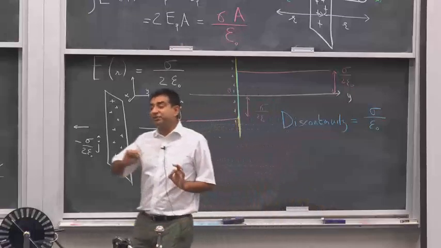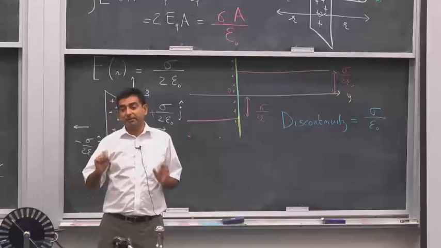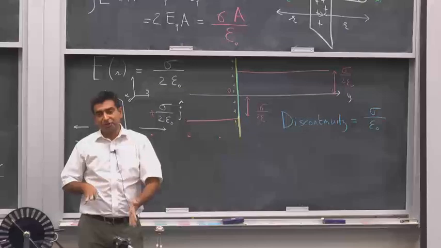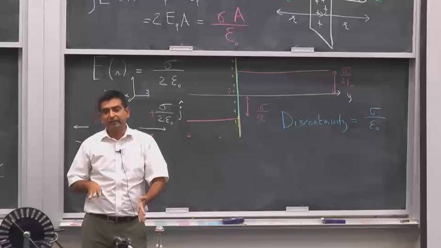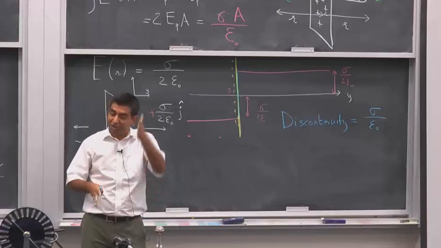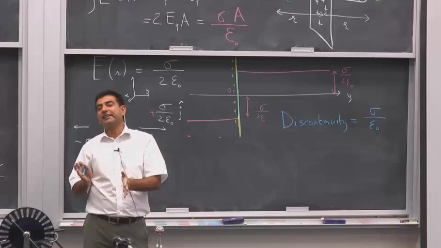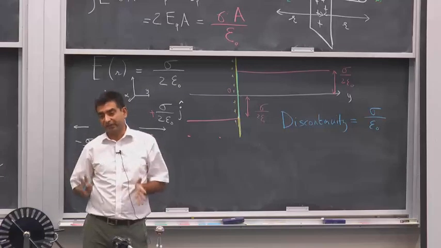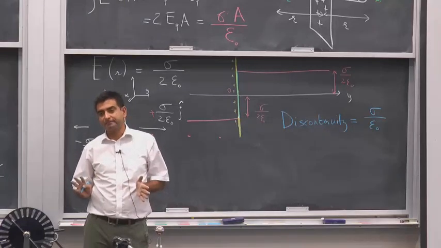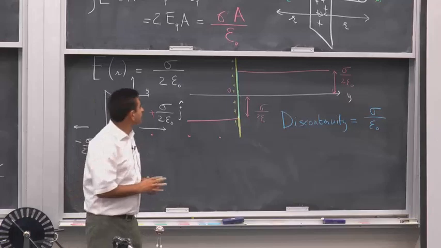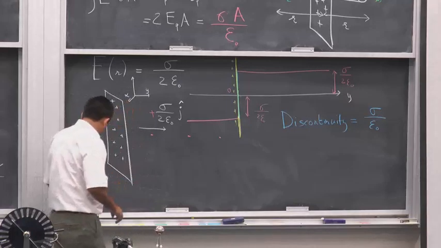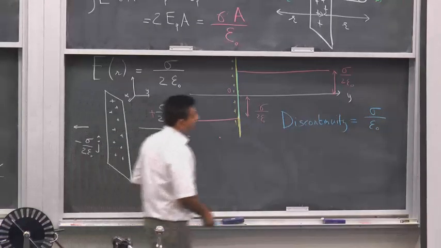So this is quite a general rule that you should keep in mind. Whenever there is a sheet of charge, it results in a discontinuity in the electric field. Okay? Now I have more examples, but I would like to move on to these demonstrations.